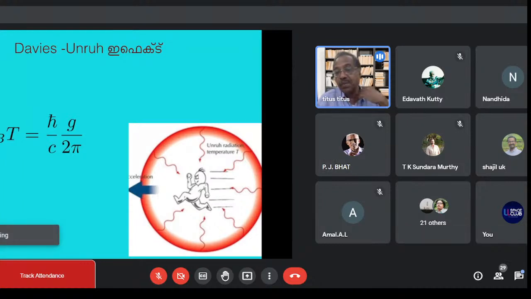Now you must remember that an accelerating frame is equivalent to gravity, as I have told you before. An accelerating frame and gravity are one and the same. So when this man is running through the space-time with an acceleration, it is equivalent to a gravitational field. It is in that field we found that the space-time is hot.